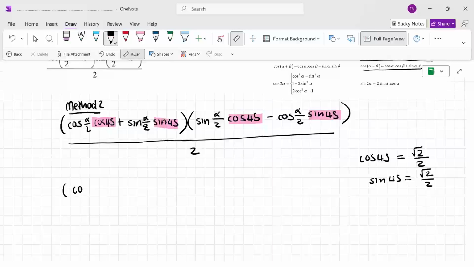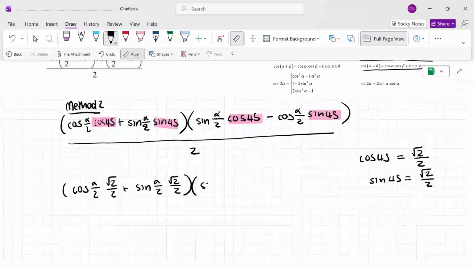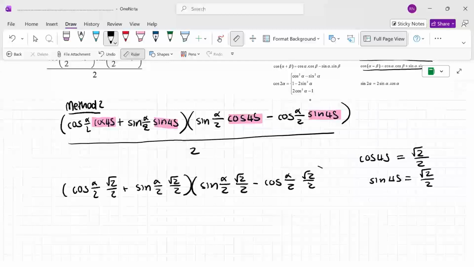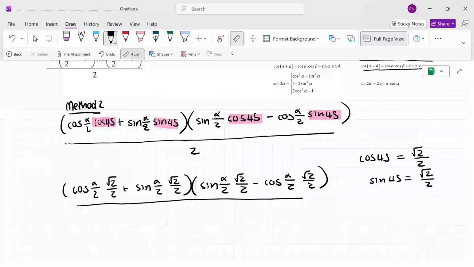So it'll be cos of alpha over 2 times root 2 over 2 plus sine of alpha over 2 times root 2 over 2, right? And then sine of alpha over 2 root 2 over 2 minus cos of alpha over 2 root 2 over 2. And that's all going to be over 2. Okay.